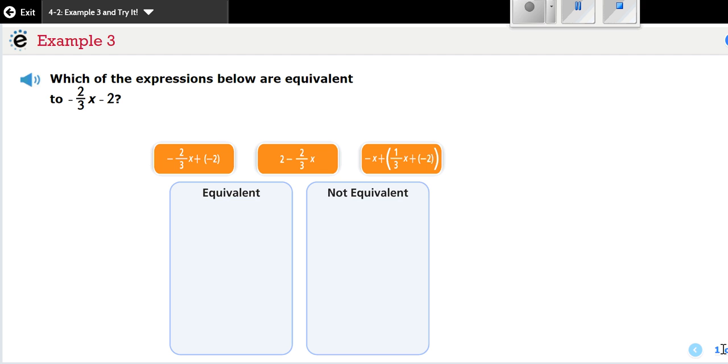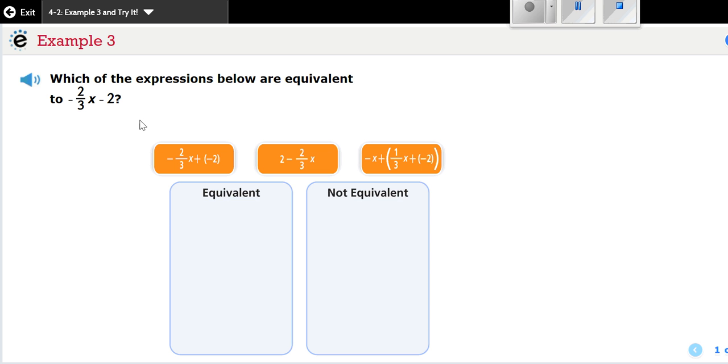And we're going to add in one more property today. In this example, we're going to look at what's known as the additive inverse. All right, and they've actually used that a little bit already in their examples, but we'll talk about that some more as we continue on with this.